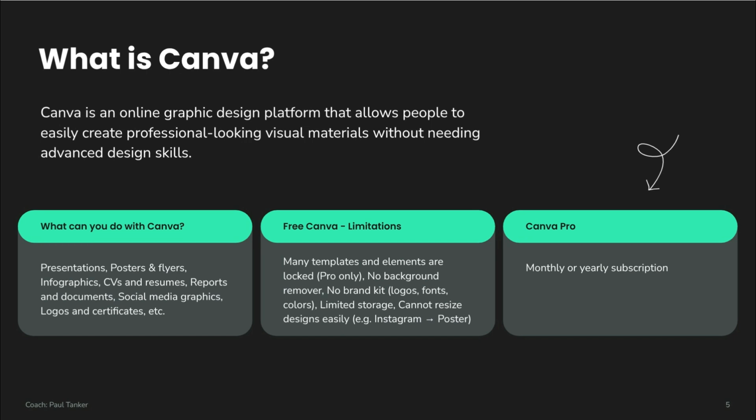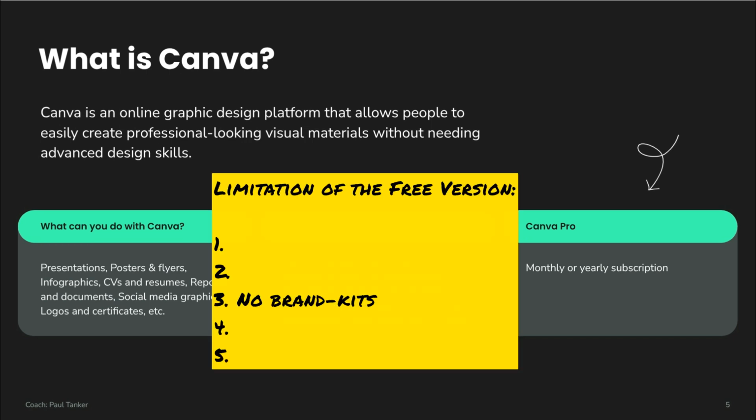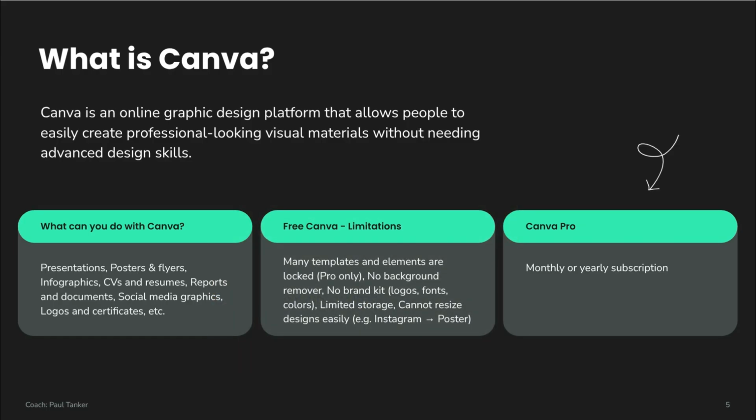But then there's also the brand kit. What is the brand kit? For instance, you are a business and you're doing these designs. Canva can help you save your customized logos, your customized colors, your customized font styles, font sizes.